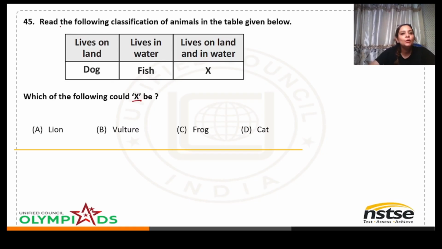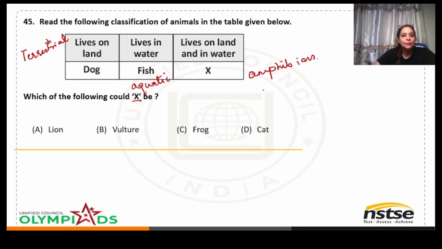Now let me tell you, those which live on land are called terrestrial organisms, because they live on land. The ones which live in water are called aquatic organisms. And those which live on land and also in water are called amphibians. Now lion: we know that lion is a terrestrial organism because it lives on land.